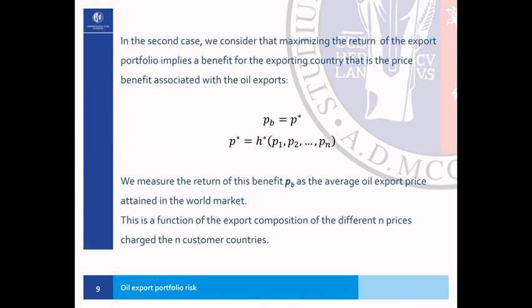Now, let me tell you, there are a lot of simplifying assumptions here.